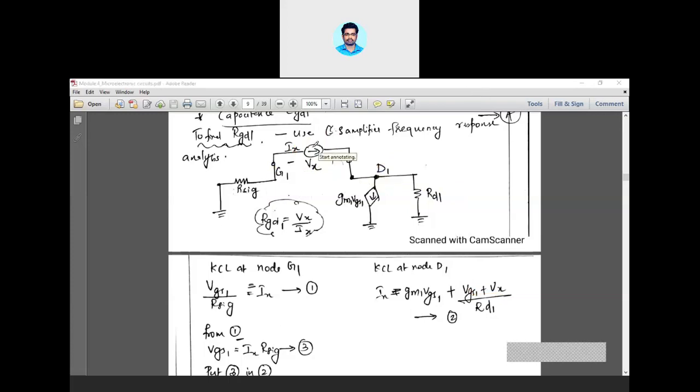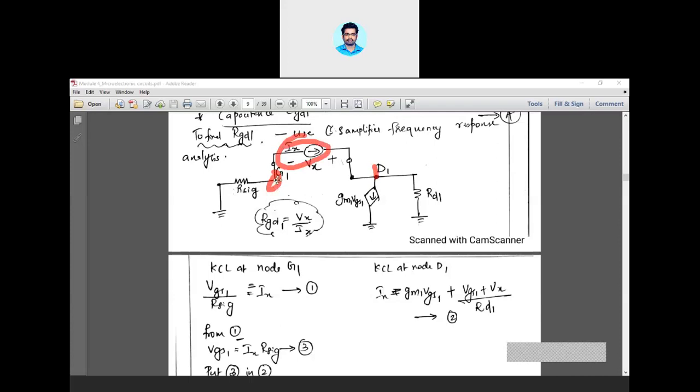At the drain terminal, you have the entering current Ix. So the entering current Ix is equal to the leaving currents. This is leaving, so Gm1 Vgs1. Again, the leaving current through Rd1. To find the leaving current through Rd1, you have to find the voltage at this terminal. To find the voltage at drain 1, you have to add the voltage at this terminal plus the dummy voltage.